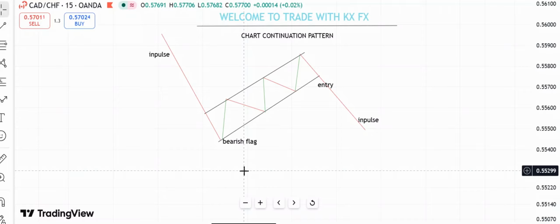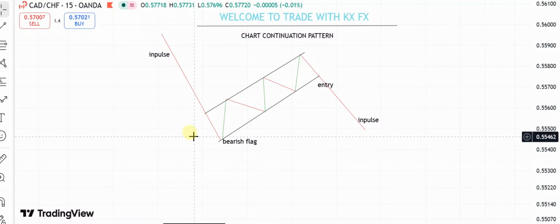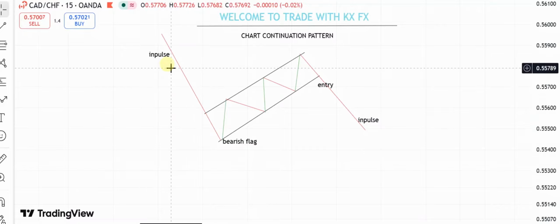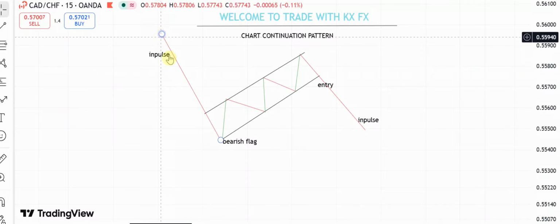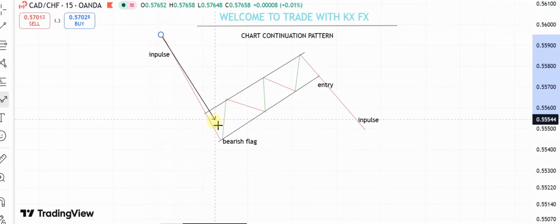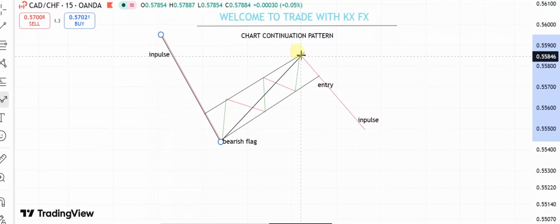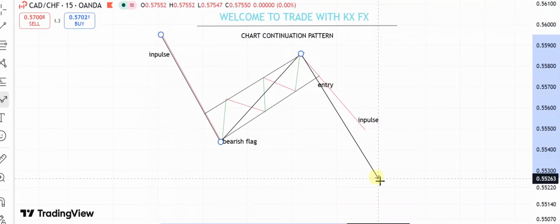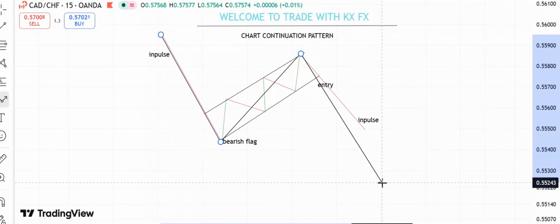Whenever you open a chart and it's not giving you any pattern, it's not forming any pattern, close it and go and sleep and come back for a clear view over the market. So this is a bearish flag, which is a bearish continuation pattern. An impulse move, retest, a pullback, it continues in the previous direction.